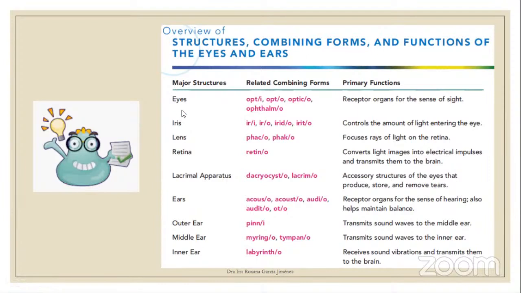So let's do this. The eyes are opto, optico, ophthalmo. With the iris, irido, irito. Lens, phaco or phako. Okay, it's the same, the only difference is the C and K. Then we got the retina, retin or retinal, the lacrimal apparatus, dacryo, dacryocysto or lacrimal.